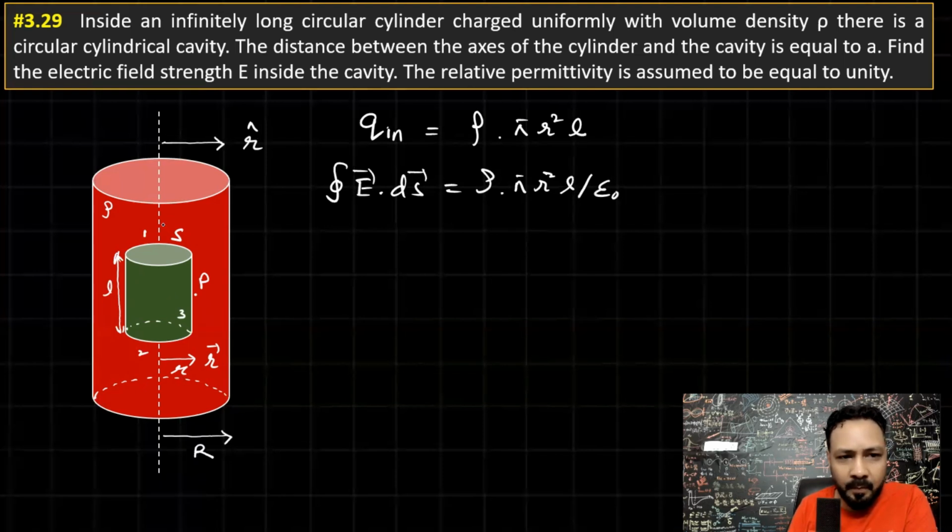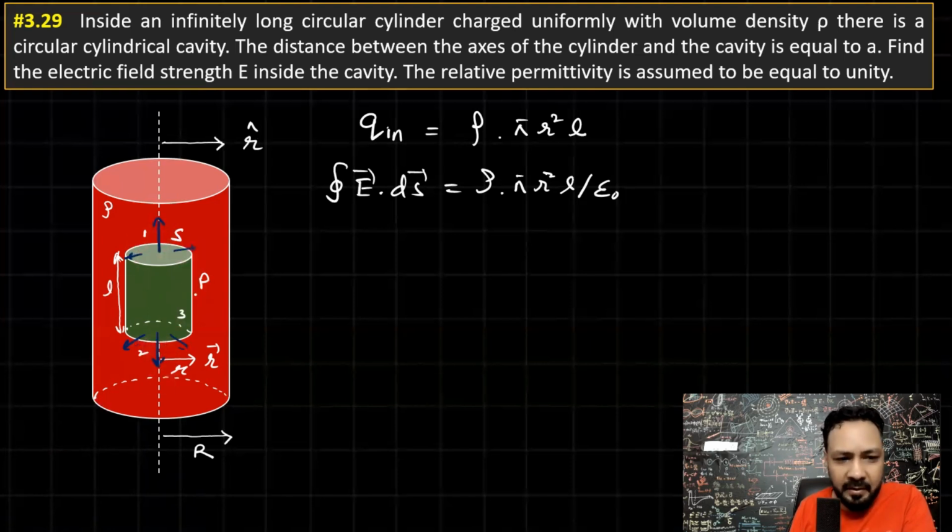Here also the area vector has to be like that, and the electric field at any point would be like this. So on surface 1 and 2, at any point, E would be perpendicular to the area vector. So the flux on surface 1 and surface 2 would be 0.